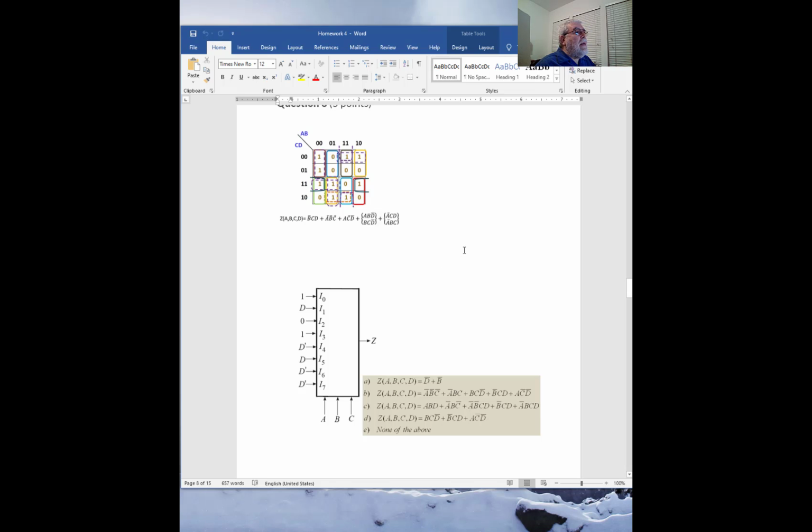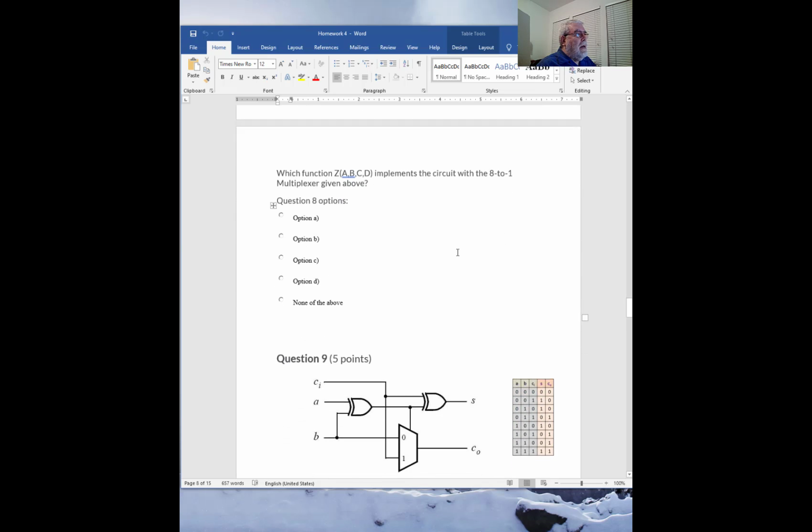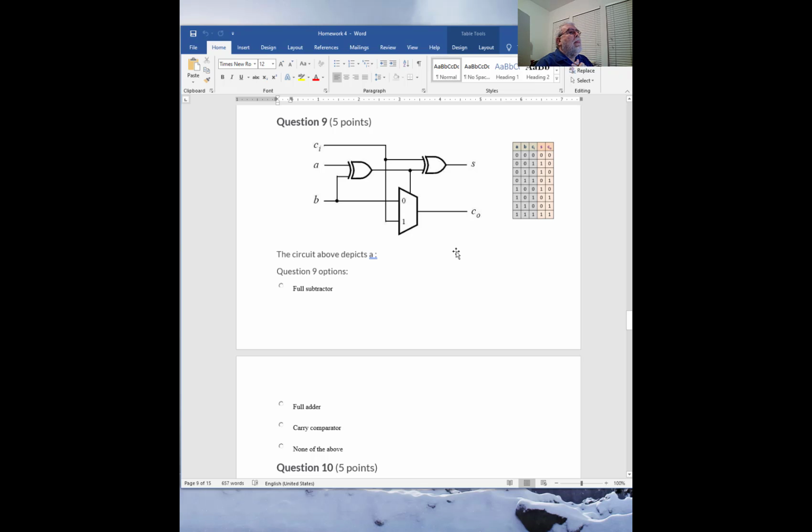Okay, question 9. What do you think question 9 is about? Another multiplexer. In this case we have a multiplexer that generates a function that probably you already know.